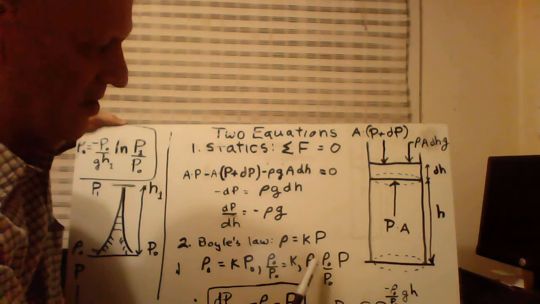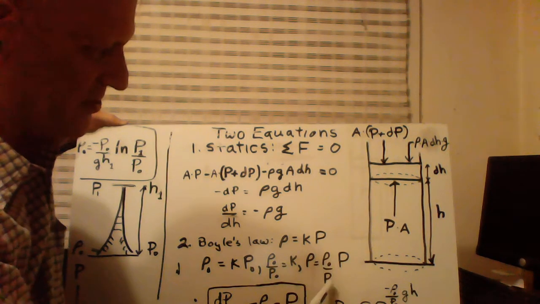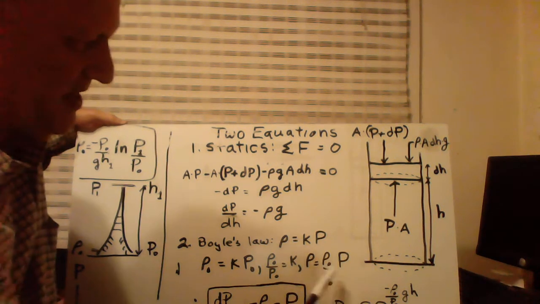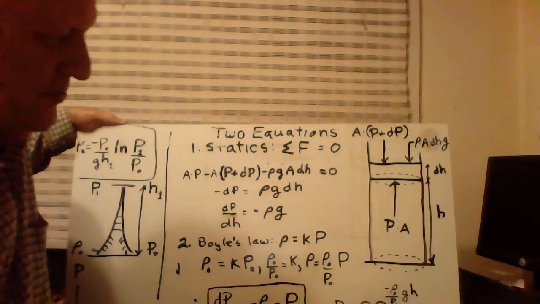So finally we have rho is equal to rho sub 0 over P sub 0 times P. We've replaced K by these two measured values.